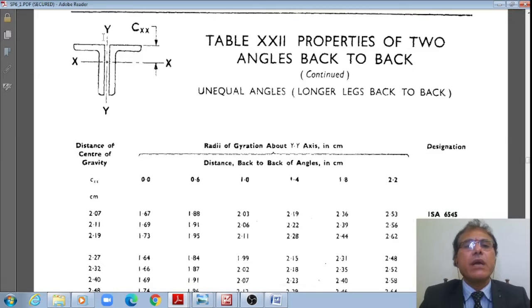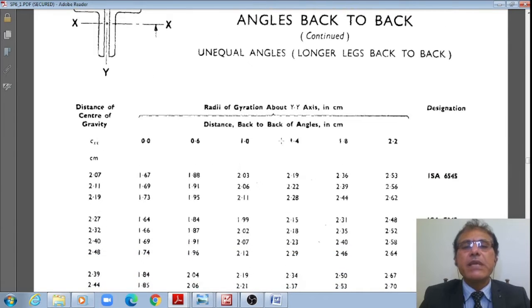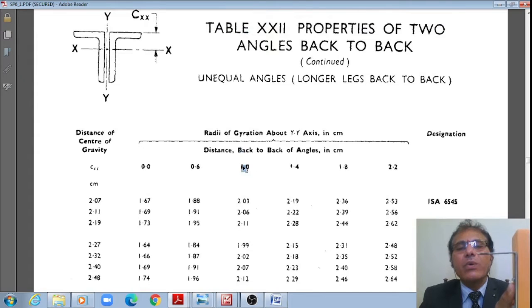Therefore it is about this minor axis, because I am using a gusset plate of 12 mm thick. However, the distance between these two angles is now 10 mm or 14 mm only available. I do have 12 mm.